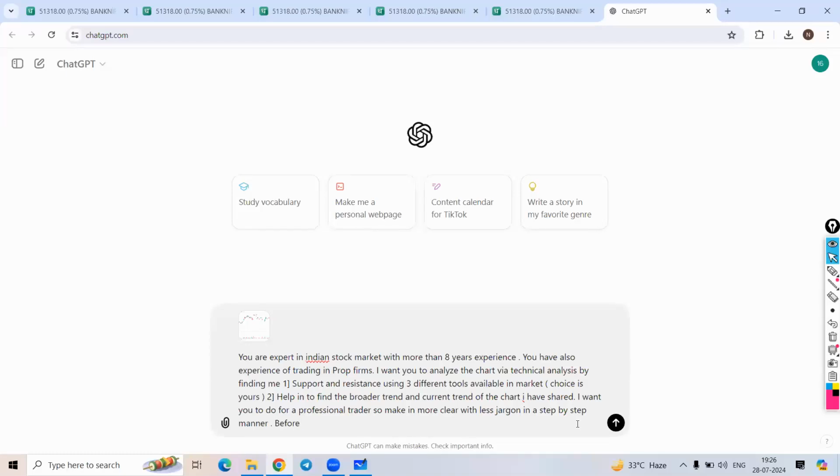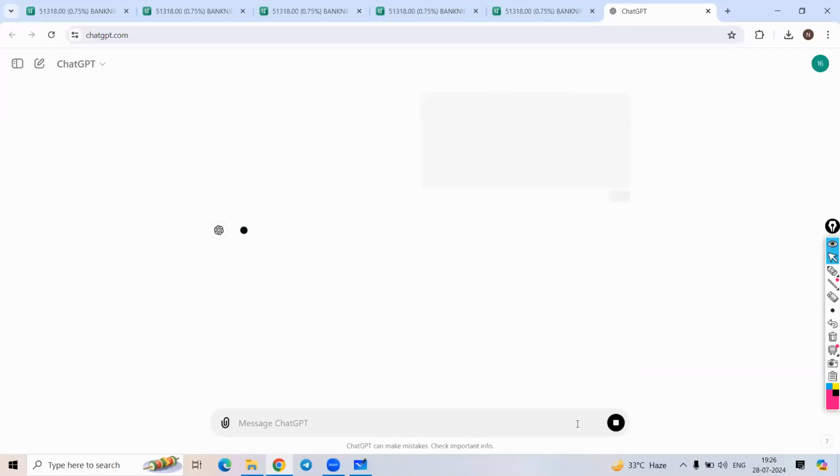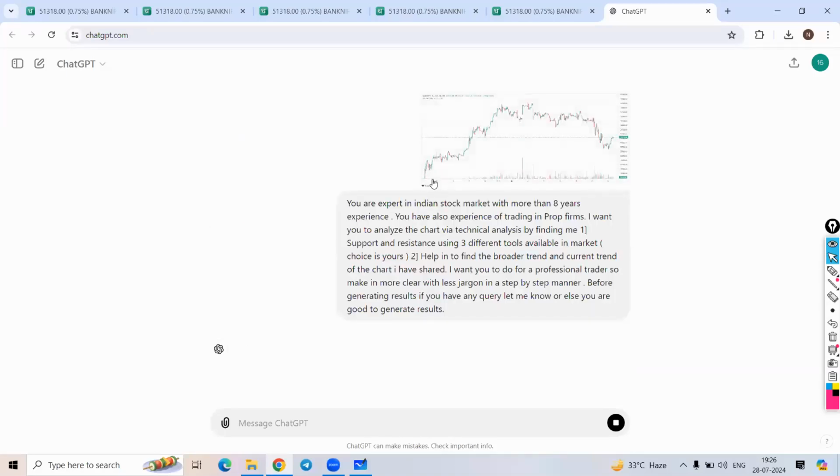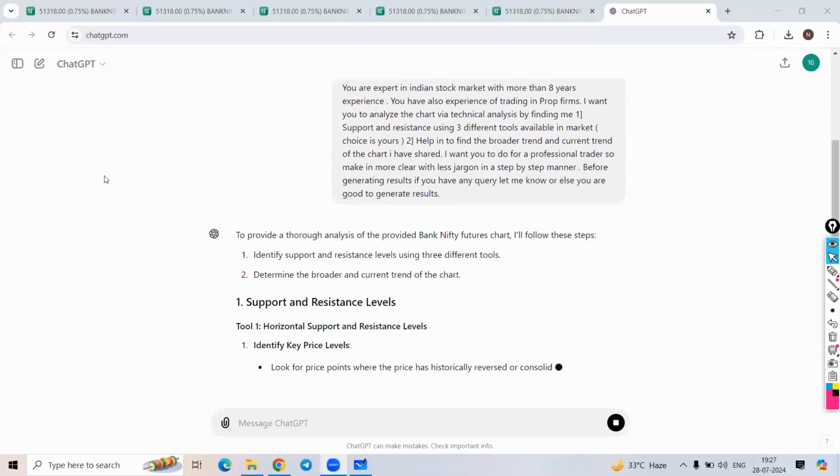Before generating results, if you have any query, let me know, or else you are good to generate results. Fine, done. So what is the chart available over here? Based on it, it might generate a result. Fine enough.